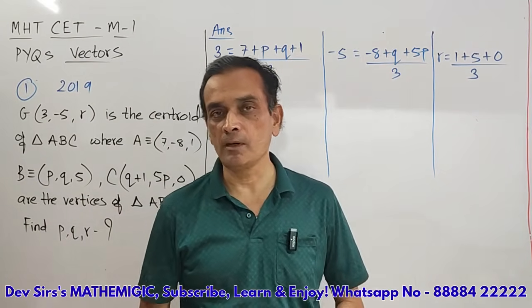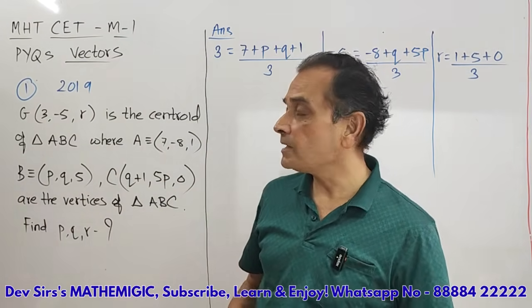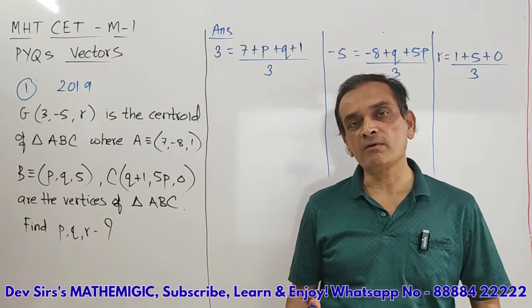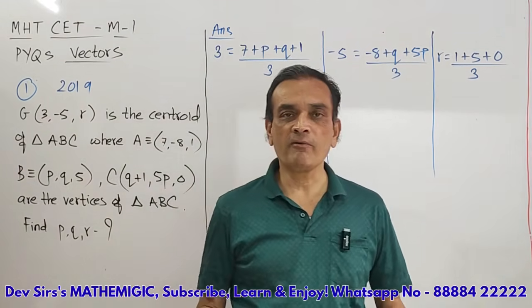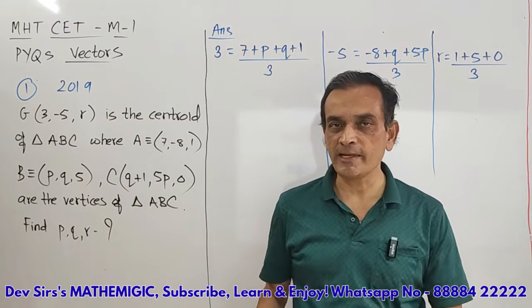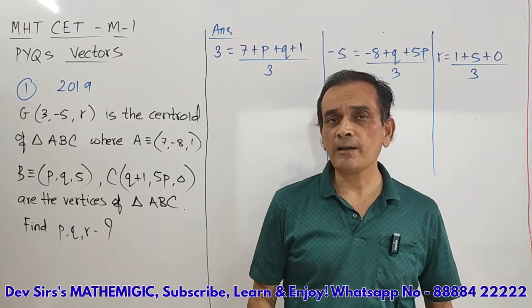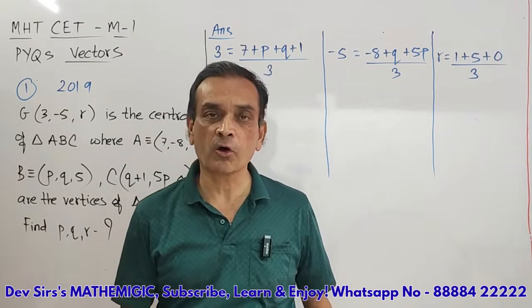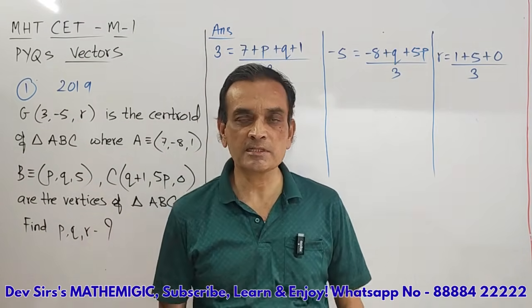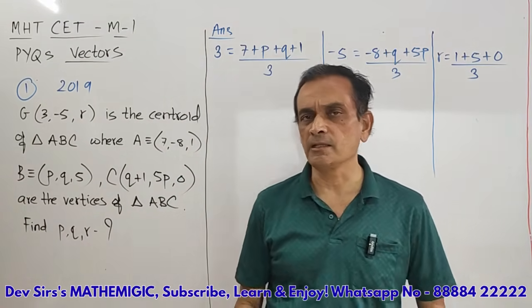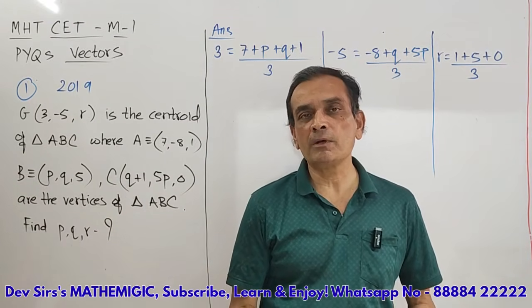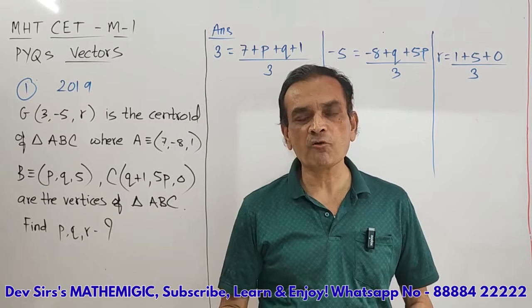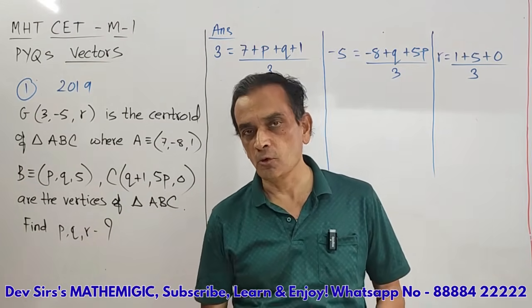The formula we used in the 12th standard board was with respect to vectors, but here I am going to use the 10th or 11th standard formula. That will make the problem simpler and much faster to solve. Let us see how.